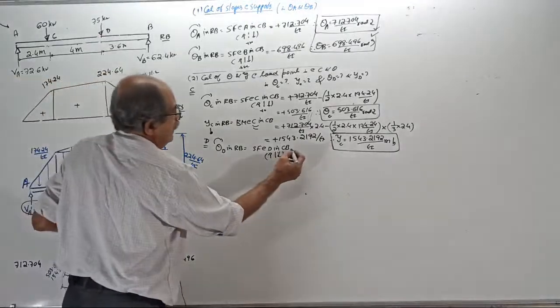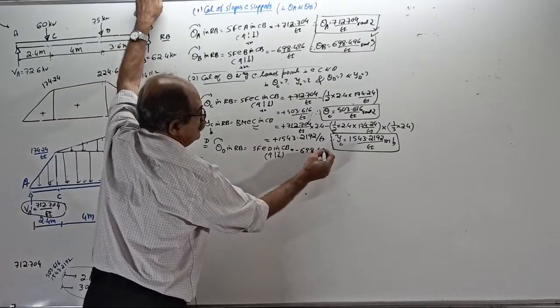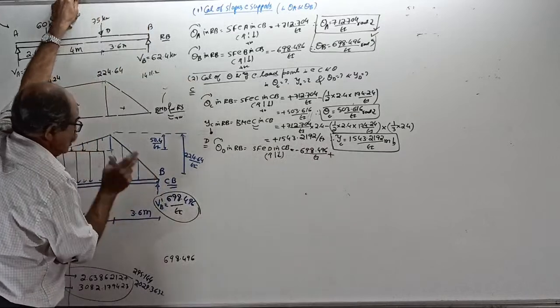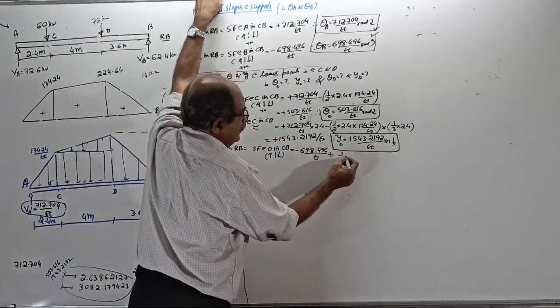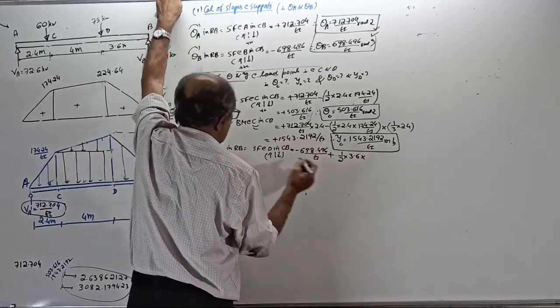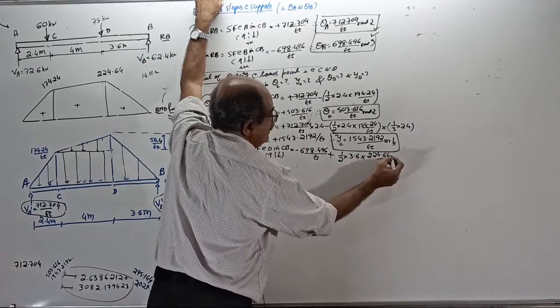So it is minus 698.496 by EI plus this much load, half into 3.6 into 224.64 by EI is the shear force.